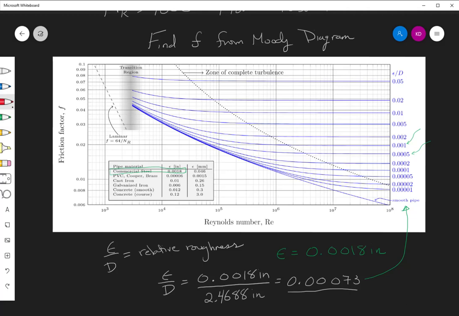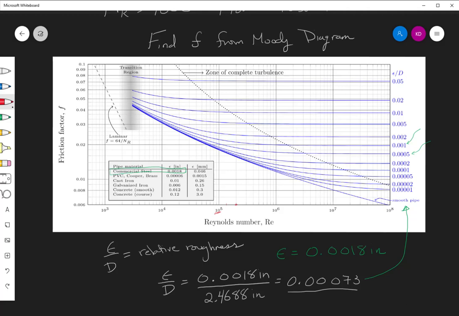Now, the x-axis is the Reynolds number, and our Reynolds number was 1.3 times 10 to the 5. So here we have 10 to the 5. This point here would be 2 times 10 to the 5. So our Reynolds number falls in between there, and it's going to be about here, I would estimate.